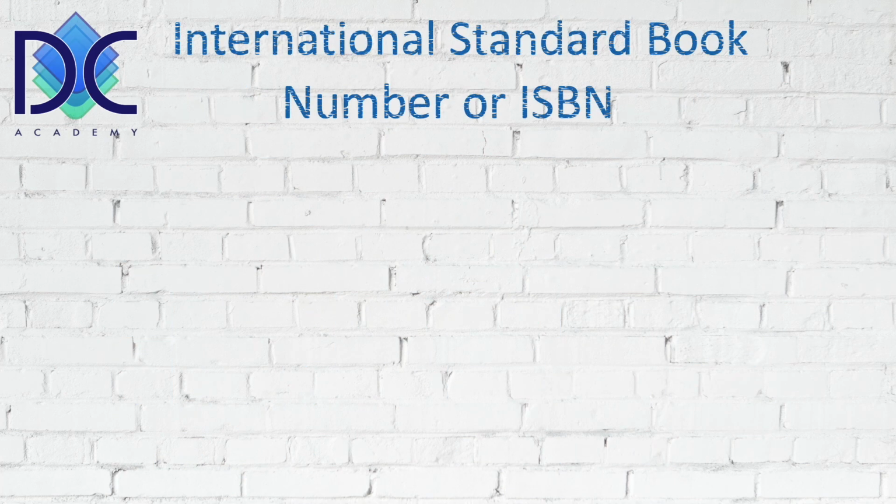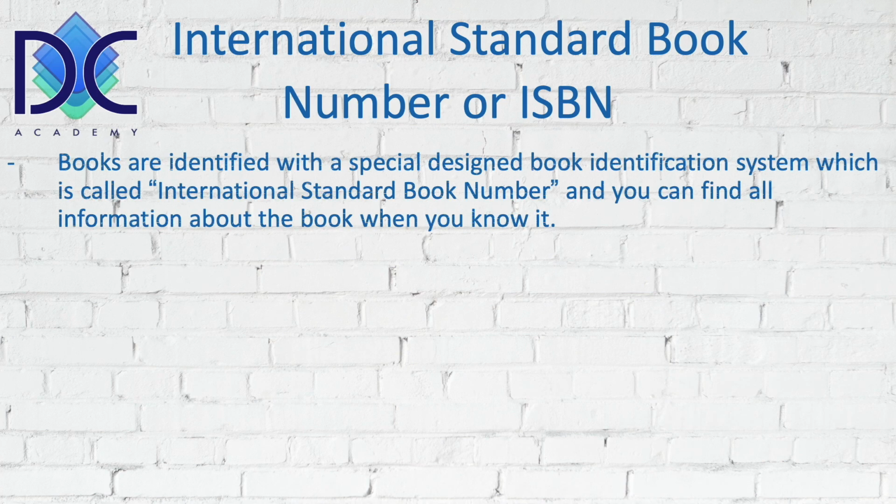The last element that I want to discuss in this video is the International Standard Book Number, or ISBN. Books are identified with a specially designed book identification system, which is called the ISBN system.